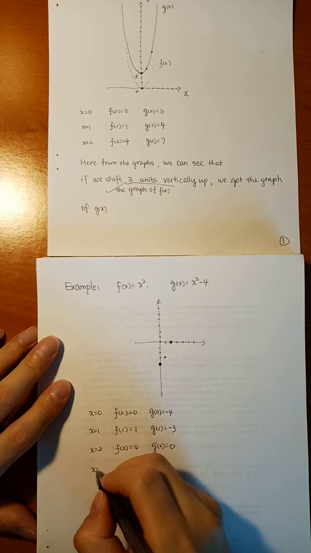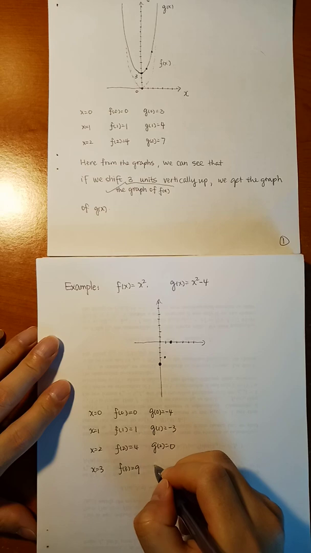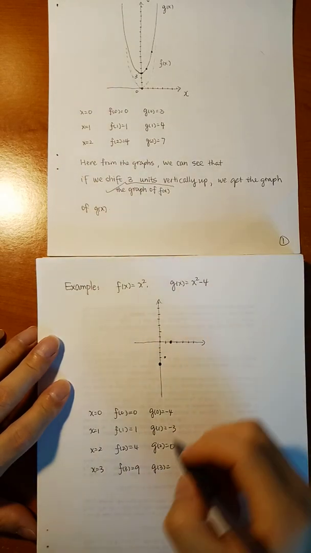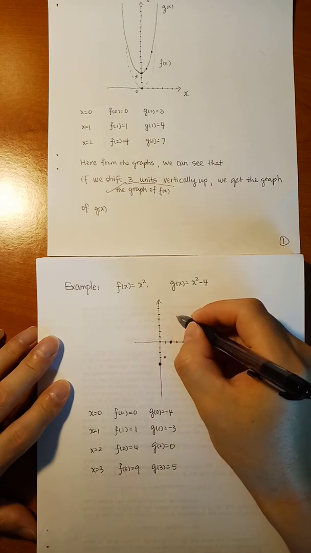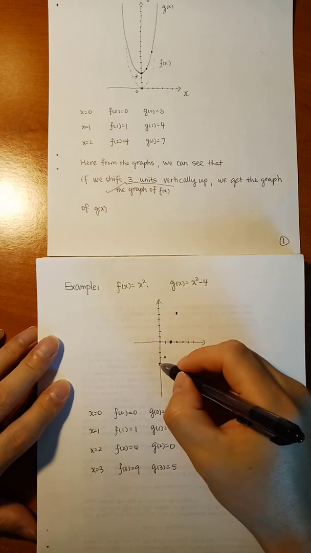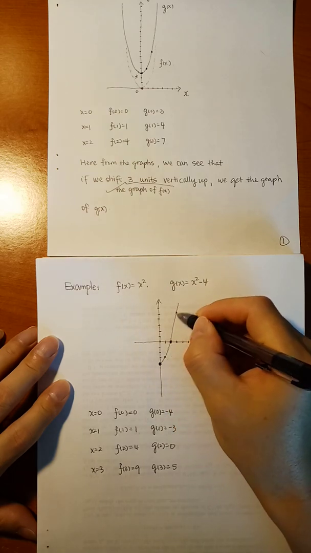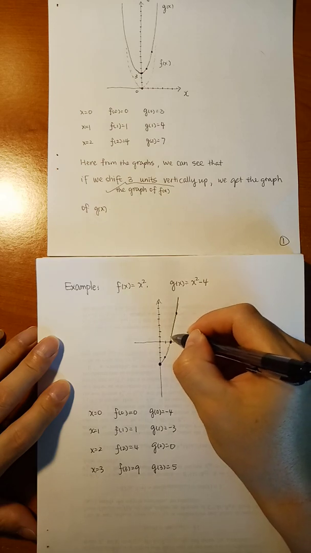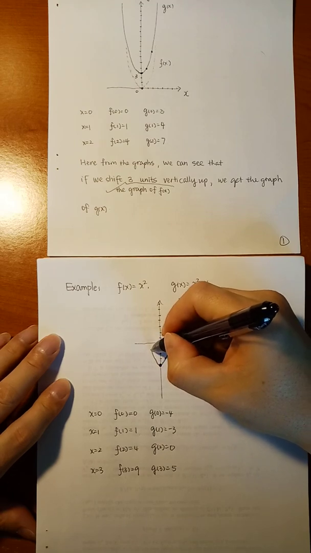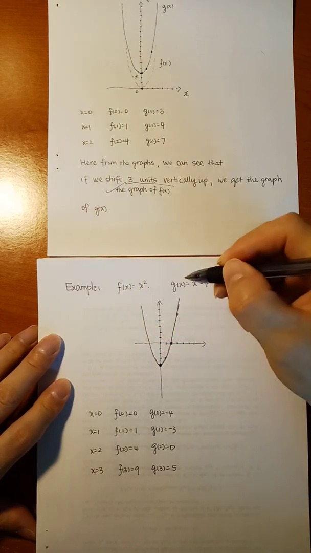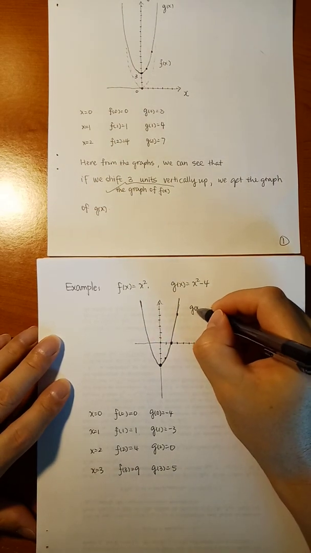And here we can do one more thing. When x is 3, f(3) is 9, and g(3) is 9 minus 4 is 5. 3. 1, 2, 3, 4, 5 here. So you connect them smoothly, and you make the left branch symmetrically. Okay, so this is the graph of g(x).